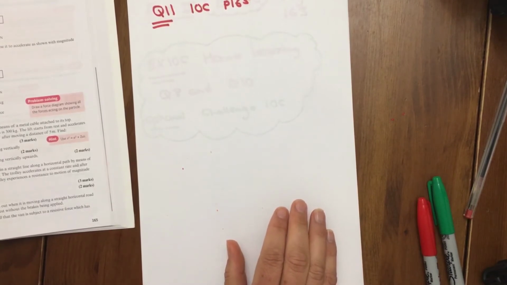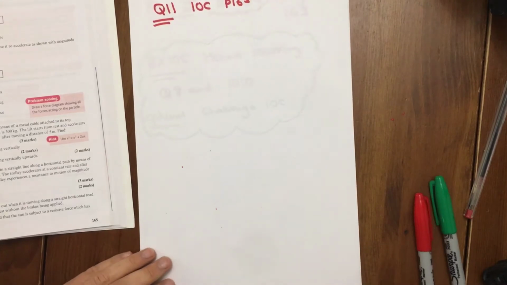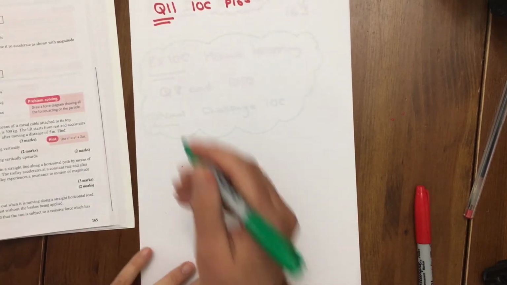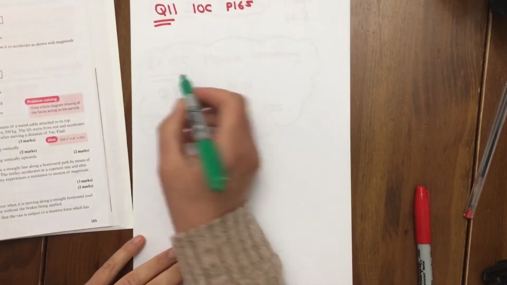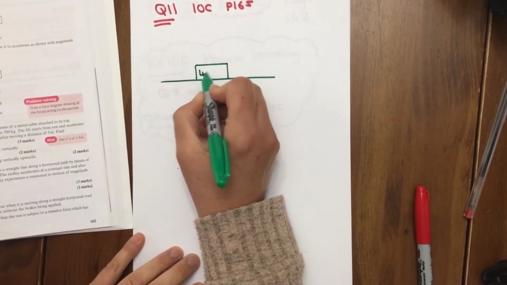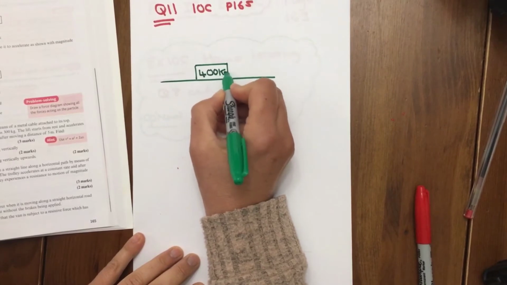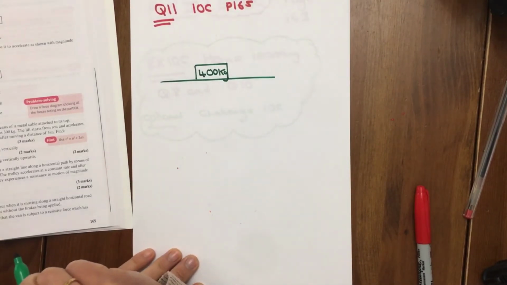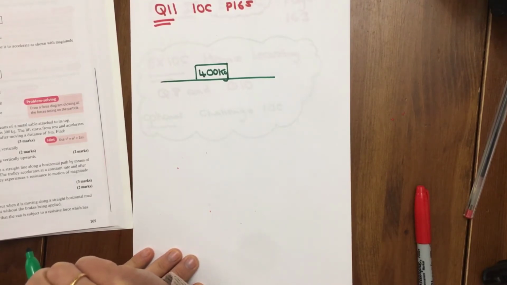So it says, you have an engine of a van of mass 400 kilograms. So I'm just going to draw my van here, mass 400 kilograms. It cuts out when it's moving along a straight horizontal road with speed 16.